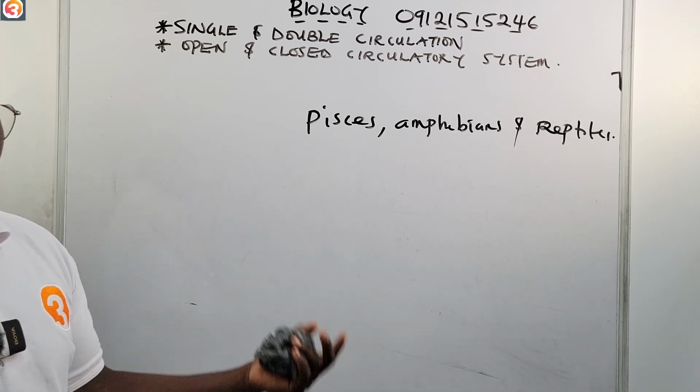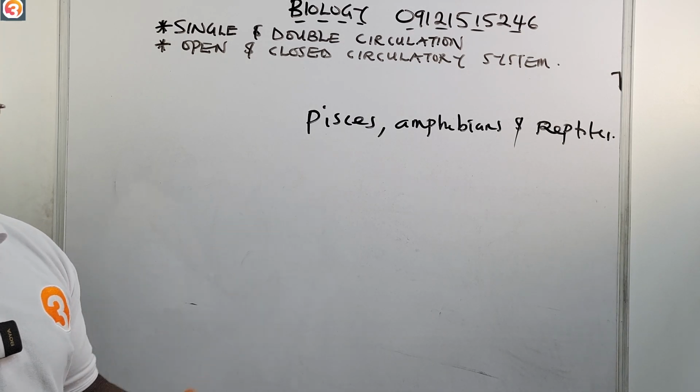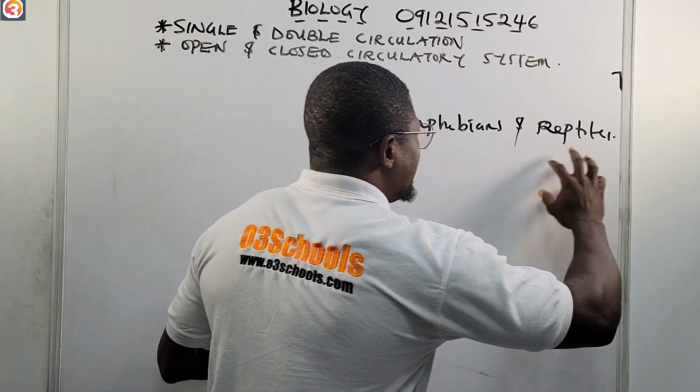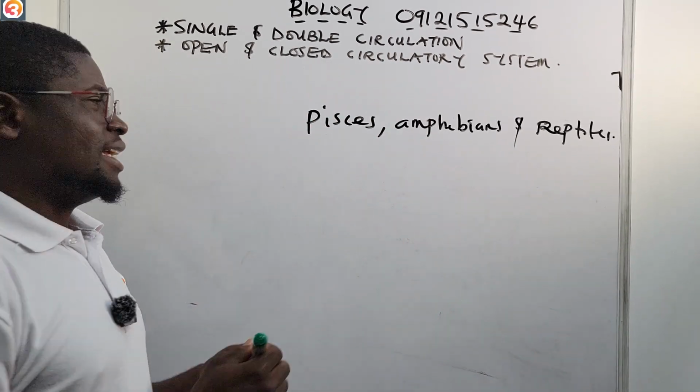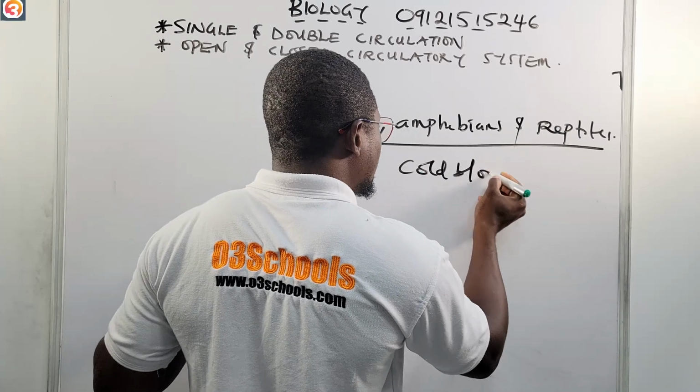Like in fishes. But what do you observe, first of all, in all of these three organisms? You observe that they are all cold-blooded organisms.